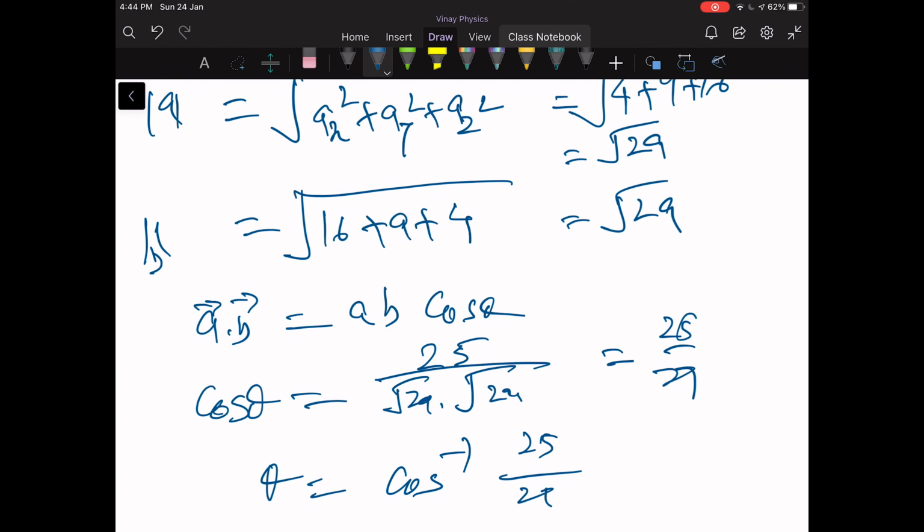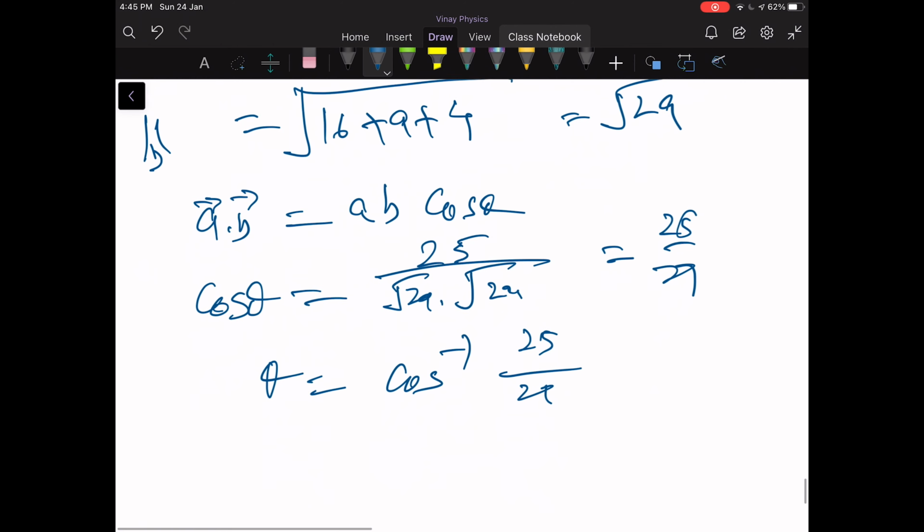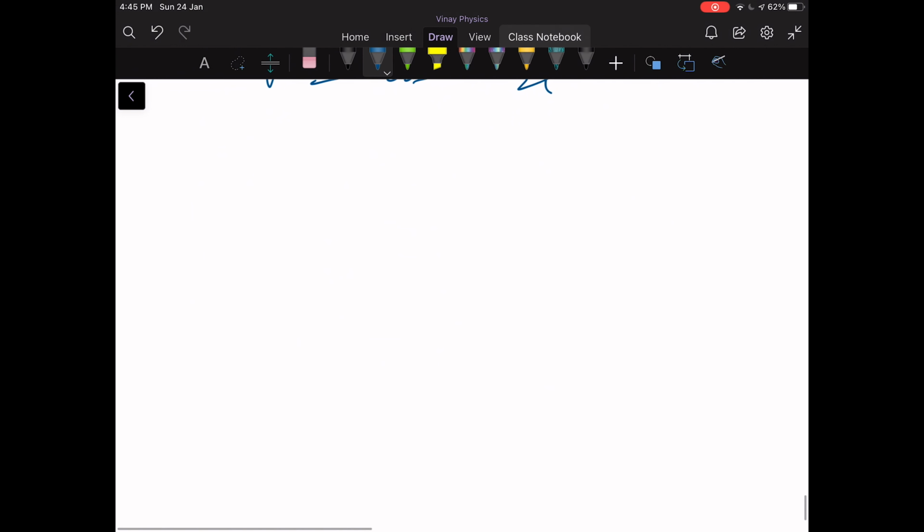Then there may be simple things like you might be asked to do some arithmetic, like find A dot B cross C and stuff like that, which you should be able to do. Now, there are some other things that you might want to have a look at, that is some kind of proofs.